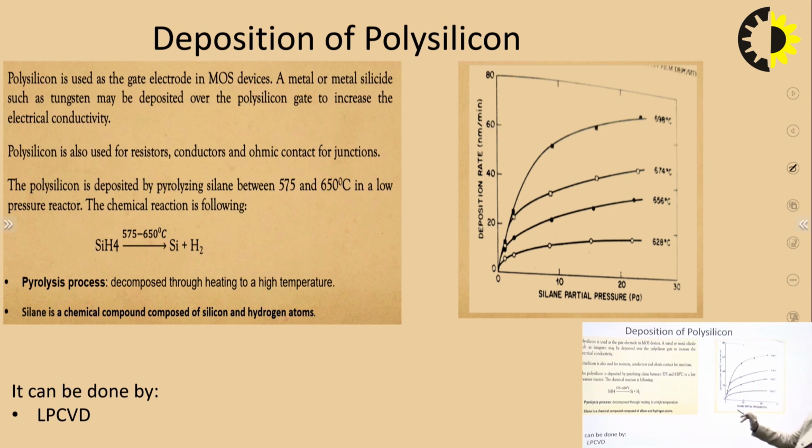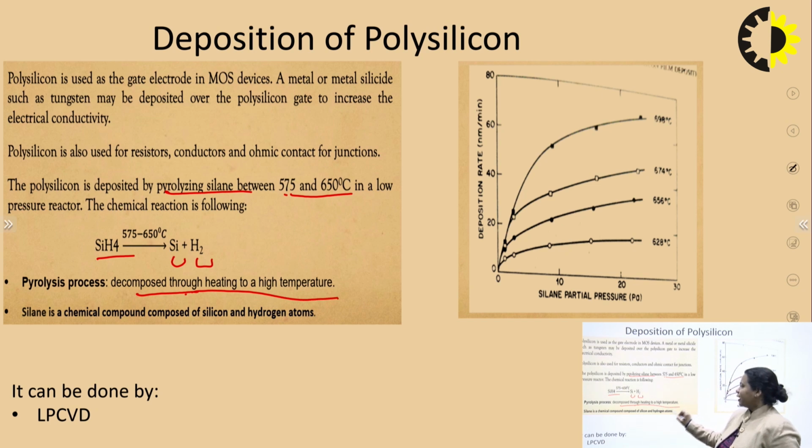In this, you have heard about silane, SiH4. This SiH4 is heated, and the process is pyrolyzing silane between 575 and 650 degrees Celsius in a low pressure reactor. This will create silicon, and H2 will get released. The pyrolysis process decomposes a compound through heating at high temperature.